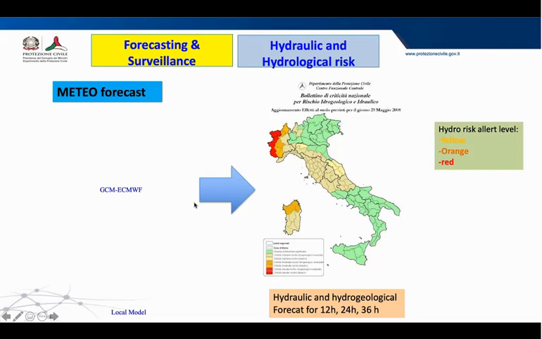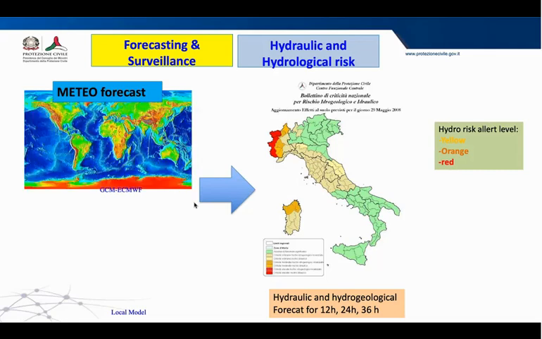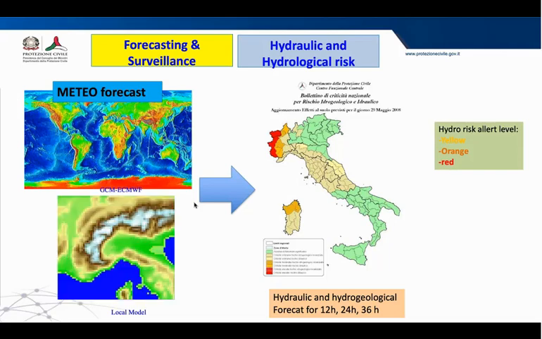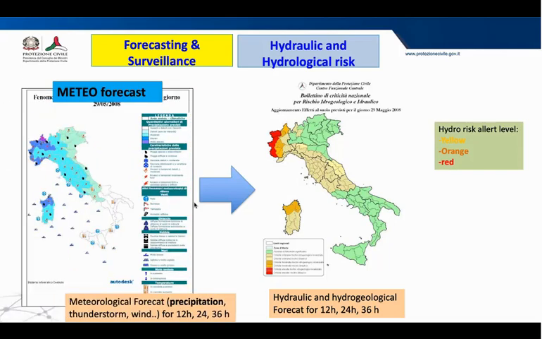How can we provide this hydraulic and hydrological forecast? Of course, the first parameters that we need come from meteorological forecasts. For this, we use global EUMeTrain models, but also local models. And as with the hydraulic risk, we have a bulletin related to the meteorological events.